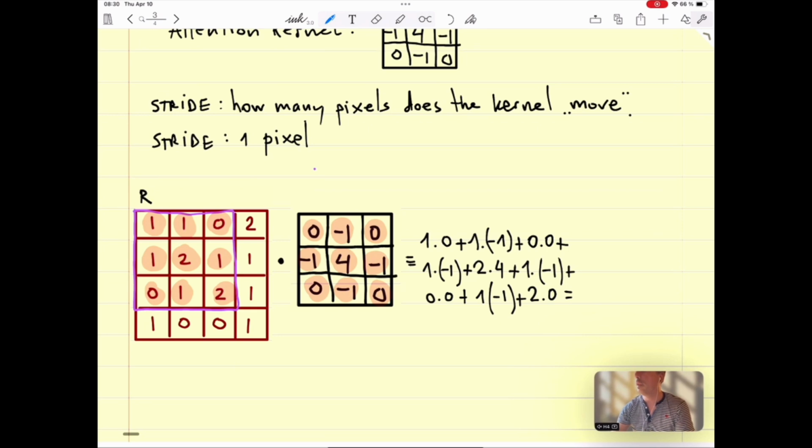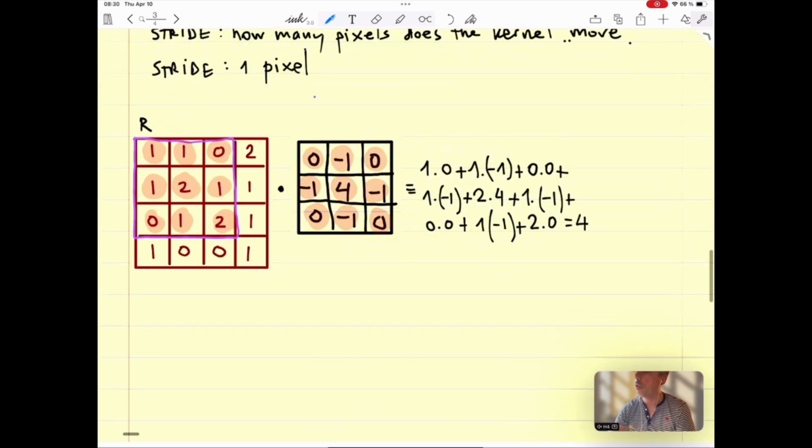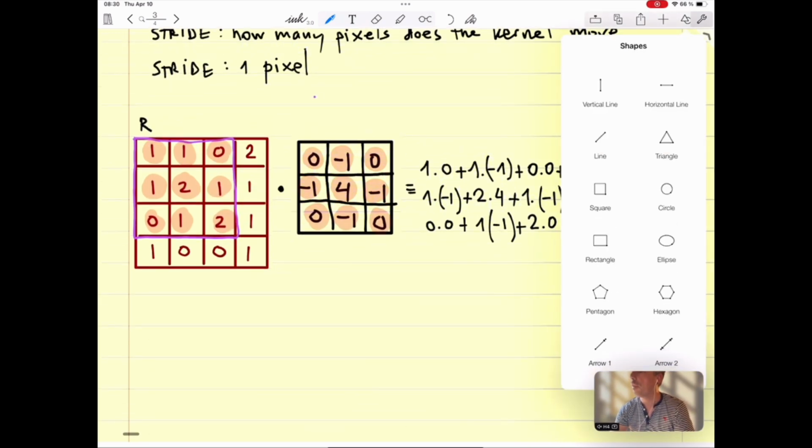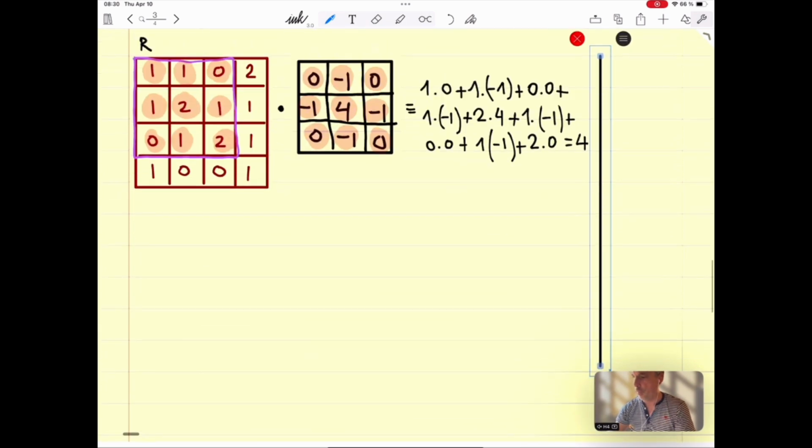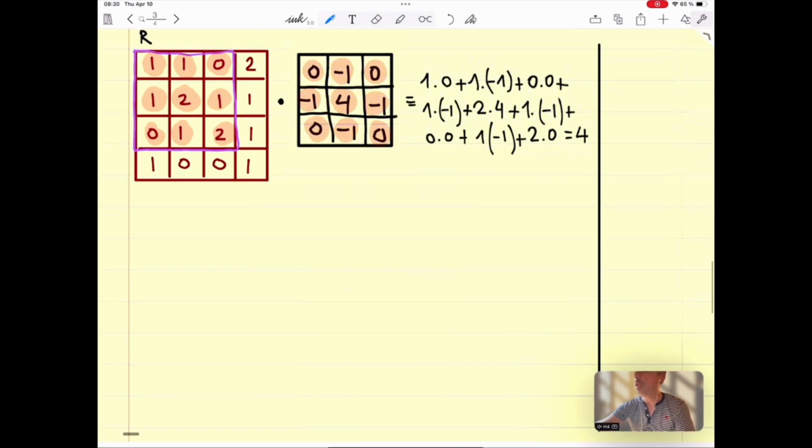If we do that, minus 1 minus 1 is minus 2, plus 8 is 6, minus 2 is 4. So the result of applying the convolution the first time to this red channel with this 3 by 3 window is 4.